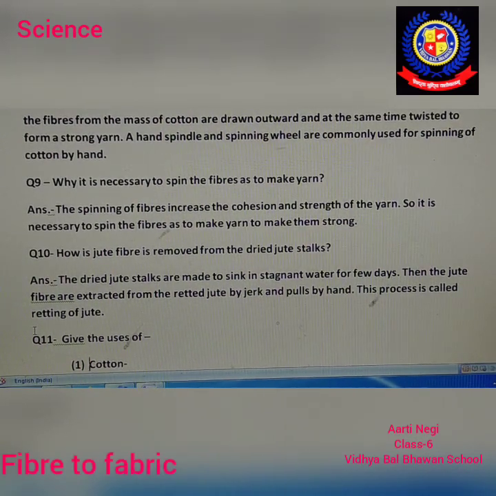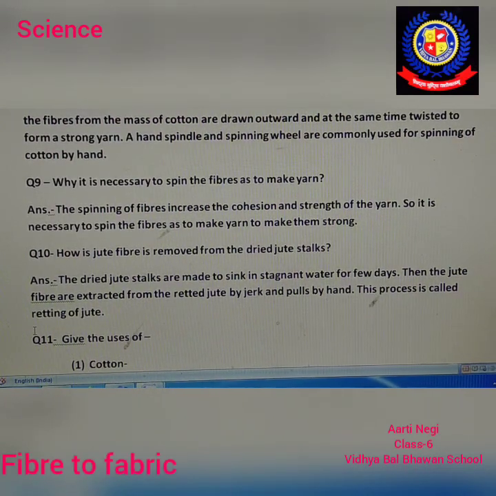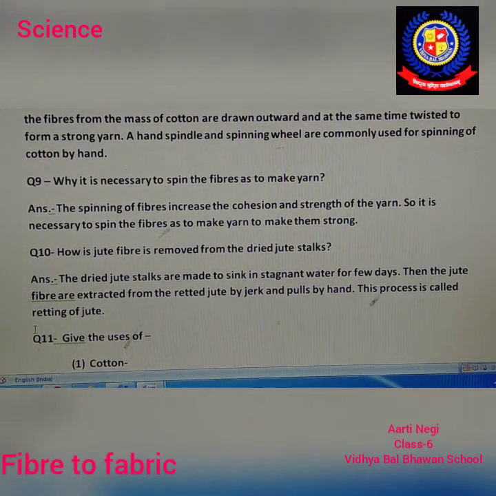So it is necessary to spin the fibers to make yarn and to make them strong. Okay, by twisting them, by spinning them, it makes the fiber very strong and bearable.